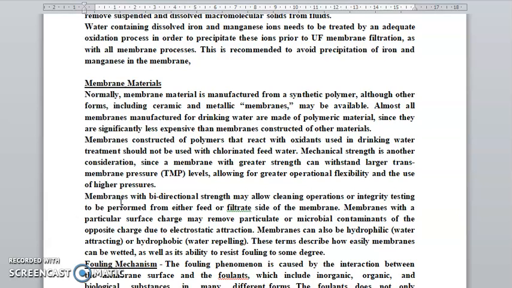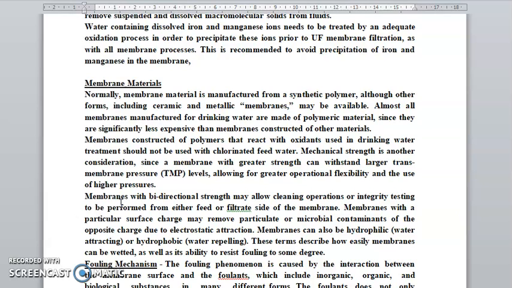Mechanical strength is another consideration, since a membrane with greater strength can withstand a larger transmembrane pressure level, allowing greater operational flexibility and use of higher pressure. A membrane with bidirectional strength may allow cleaning operations or integrity testing to be performed from either the feed or filtrate side of the membrane.